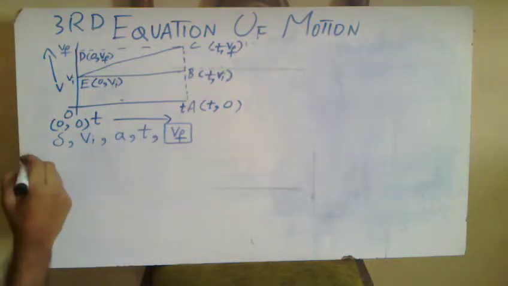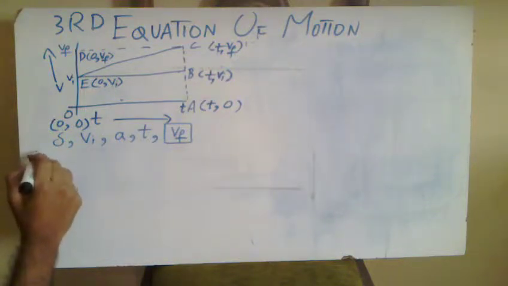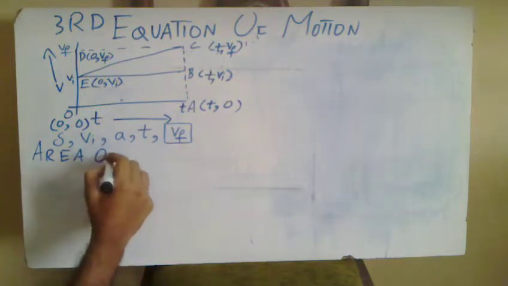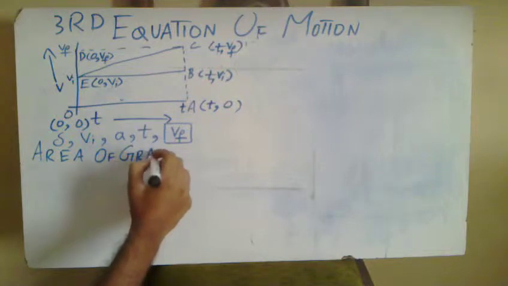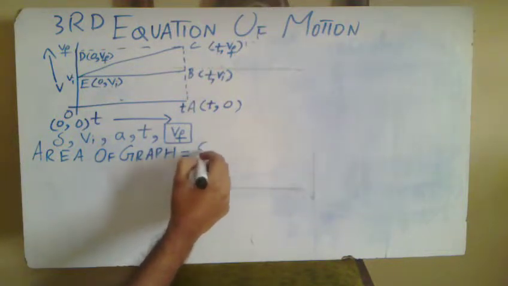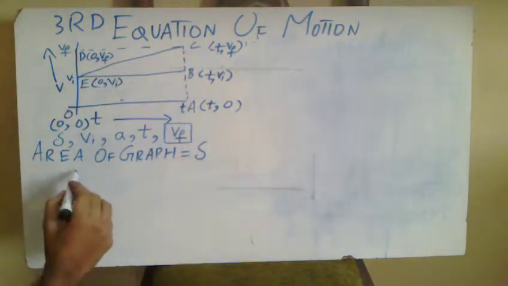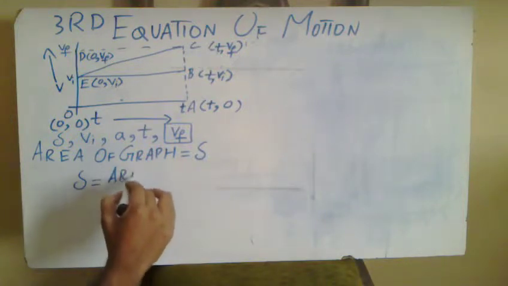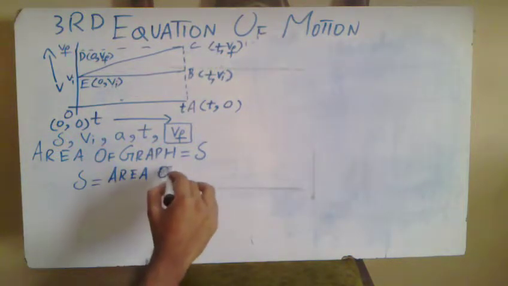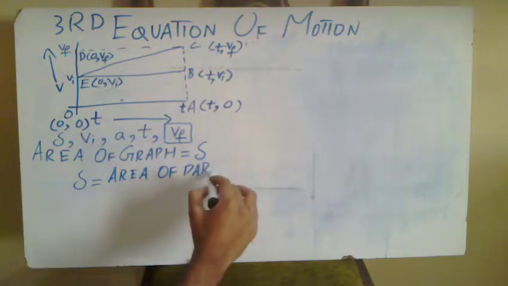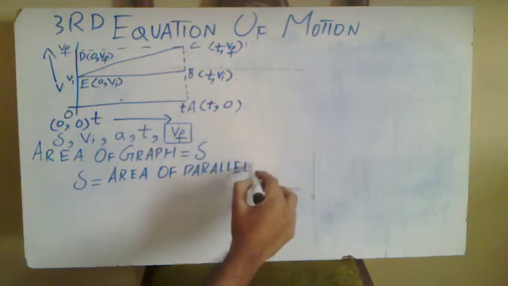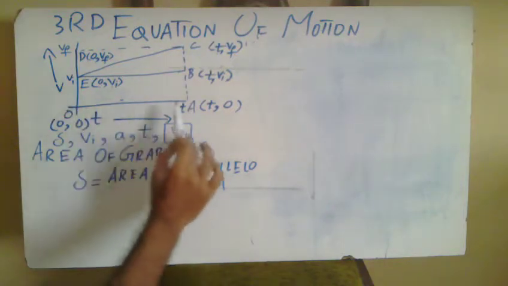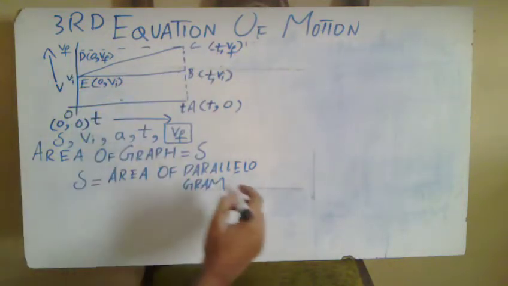So for the third equation of motion, again we have to consider the area of the graph, the area of the whole graph in fact. So the area of the graph will actually give us distance. So the area of the graph, which is giving us distance, equals the area of the whole parallelogram OACEO.